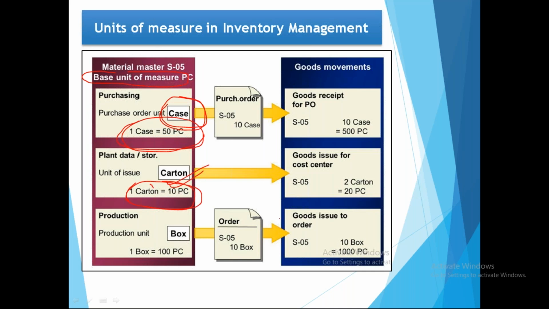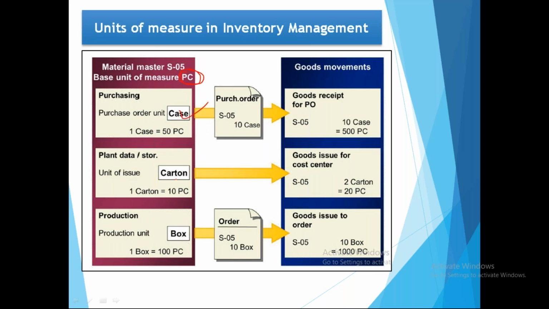And even production, when the production people are producing the product, they may have a different issue unit of measure. So like this, you can manage different units of measure in inventory management. You have here pieces as the base unit of measure.